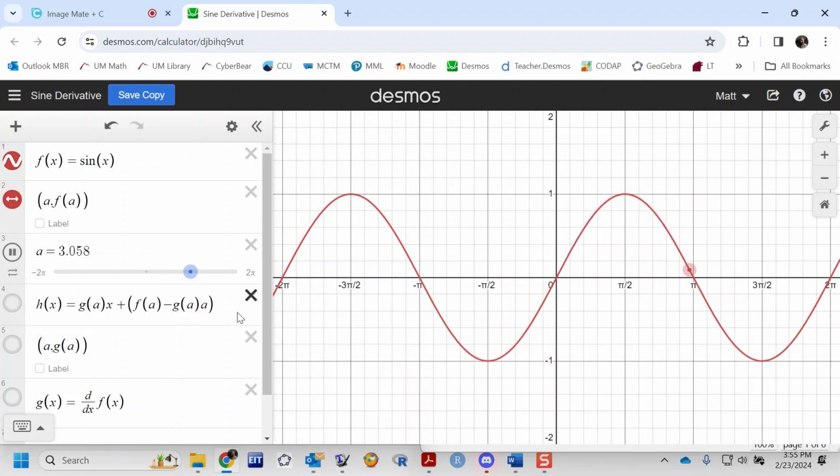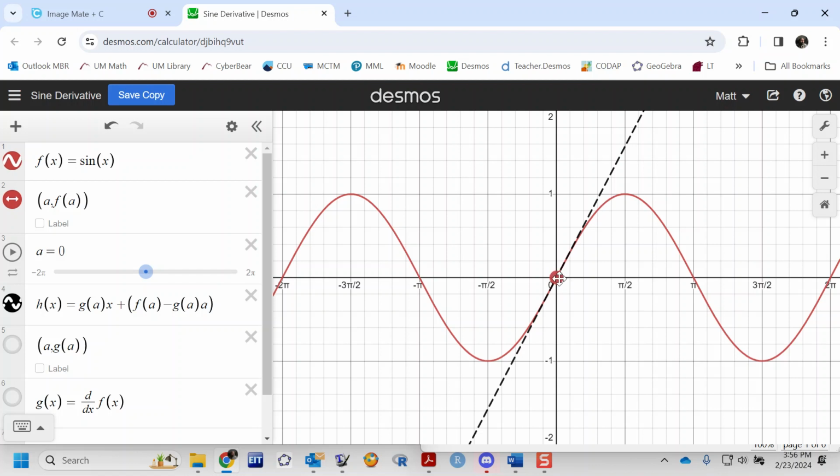I'll adjust the speed down a little bit so we can watch it change more slowly. And now the idea would be, okay, what happens if I add a tangent line to the graph and think about its slope as the derivative? So maybe the place to start would be to come back here at 0 and think, okay, right away we can see that whatever the sine's derivative is, its slope at 0 is not going to be 0 like the sine function's value.